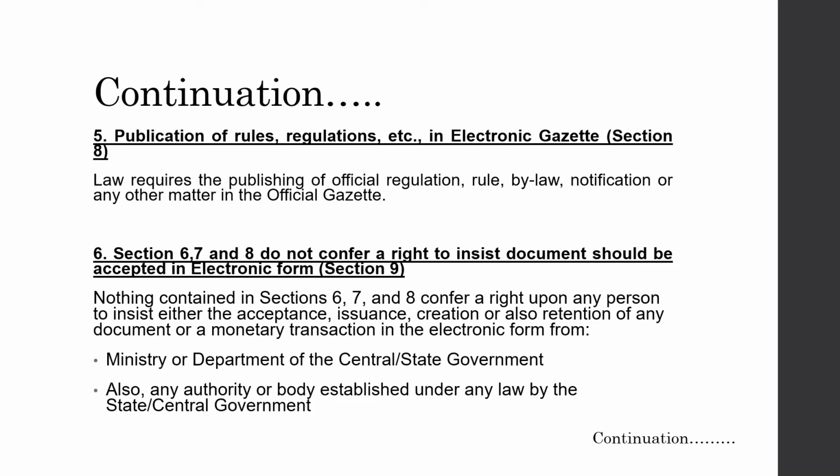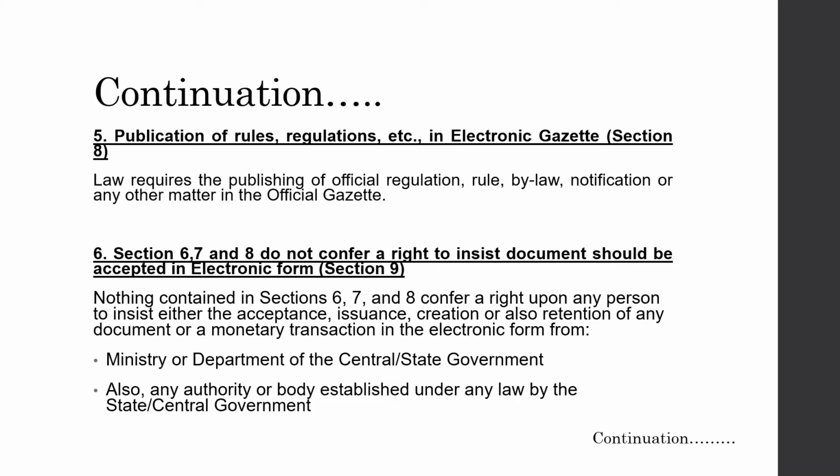Normally we usually maintain this. Now as per the IT Act, they are telling that if any official regulation, rules, bylaws, notification or any other matter is published by the government side, then they should do it in the electronic gazette. They need to publish all those rules, bylaws, acts and notifications in the electronic gazette as per the IT Act. This is mentioned in section 8.